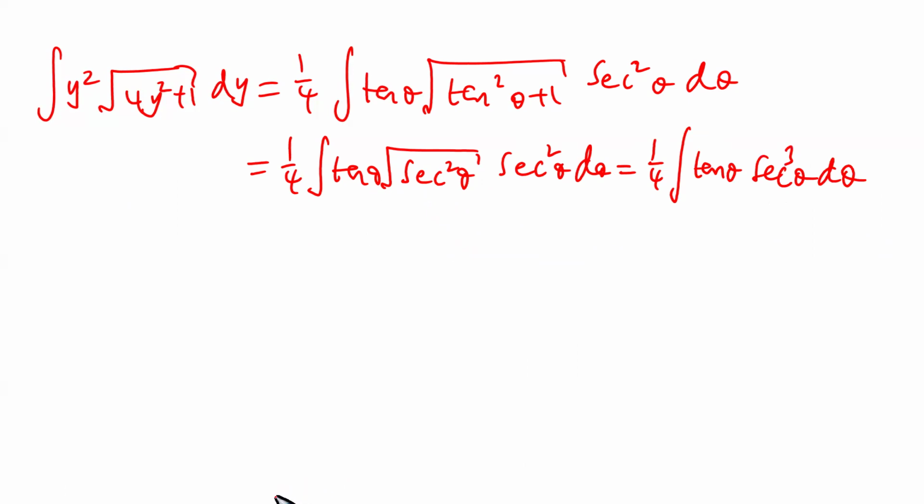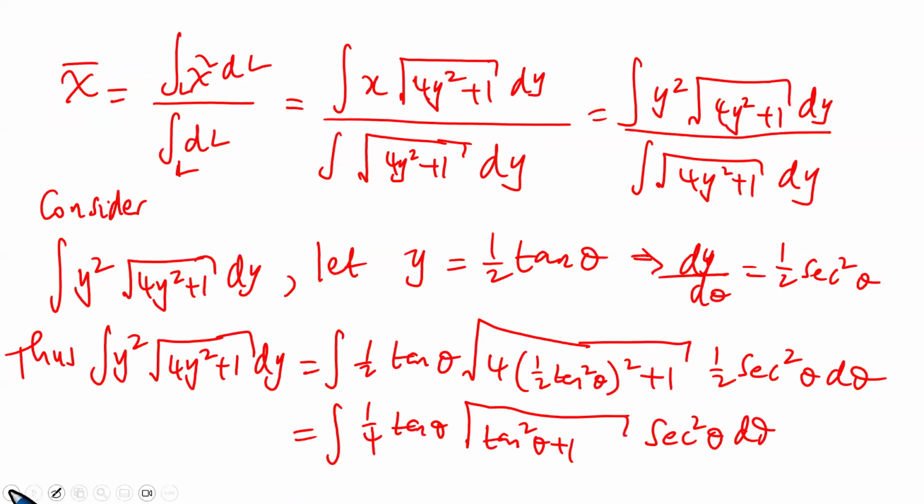But let's watch out because there is a square here, y squared. Because of the y squared, this tangent is going to be squared. If you square the 1/2, it becomes 1/4, but you multiply by 1/2, it becomes 1/8.